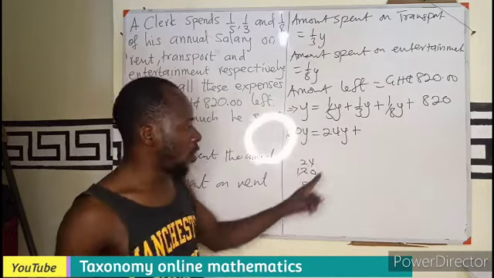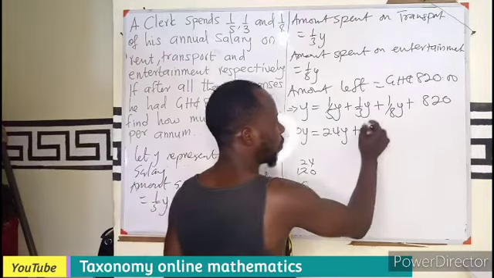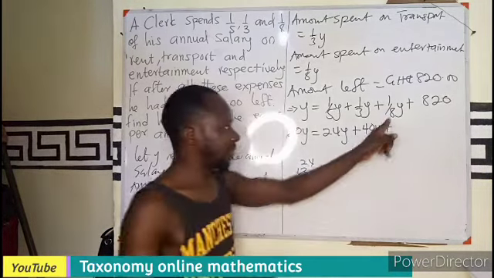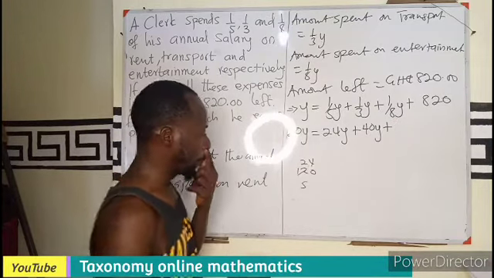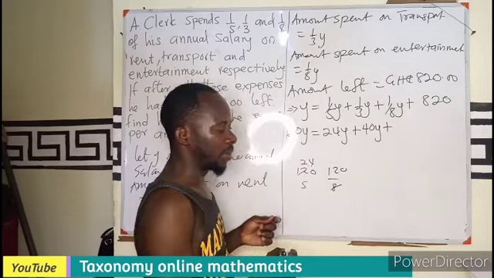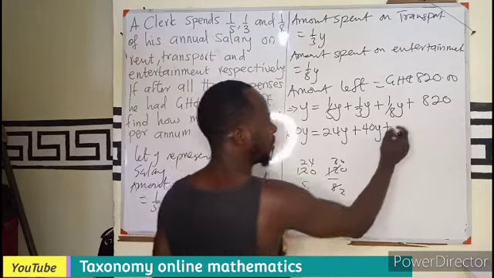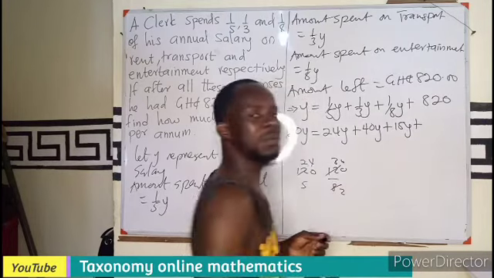Then 3 going into 120 gives us 40, so 40y. Then 8 going into 120 goes 15 times.